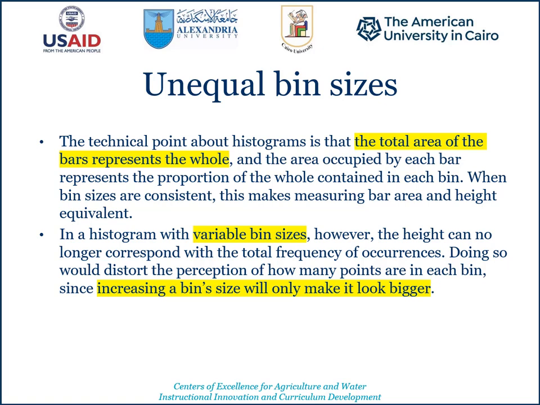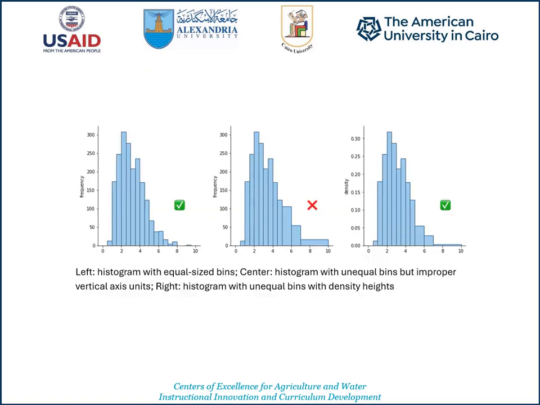In the case of a histogram with variable bin sizes, the height can no longer correspond with the total frequency of occurrences. Doing so will distort the perception of how many points are in each bin, since increasing a bin size will only make it look bigger, as you can see.